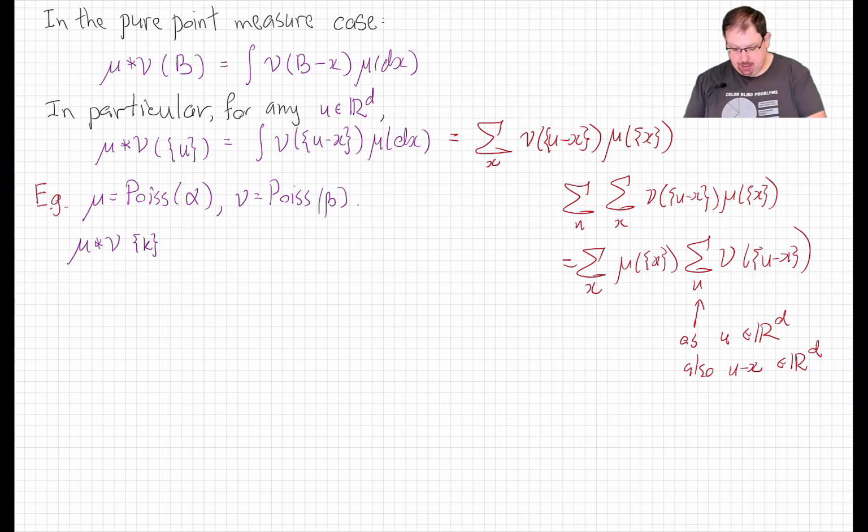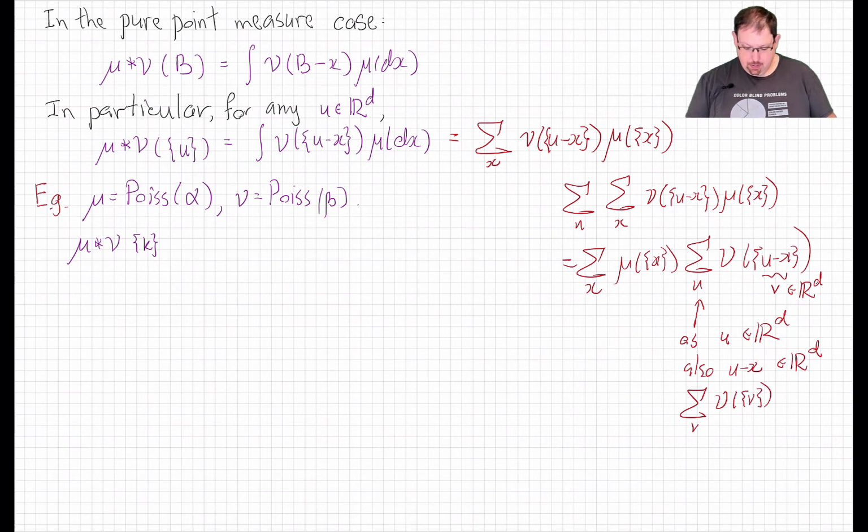And so that means that the inside sum, by changing variables and calling u minus x v, which is, as we just noted, an arbitrary point in Rd, can be rewritten as the sum over all v of nu of v. But nu is a discrete probability measure, and so that is just 1, which means that this double sum is equal to just the sum of mu of x, which for the same reason is just equal to 1.